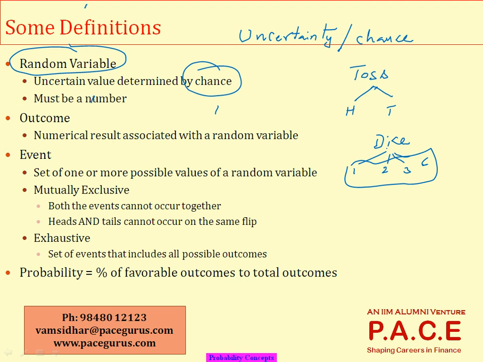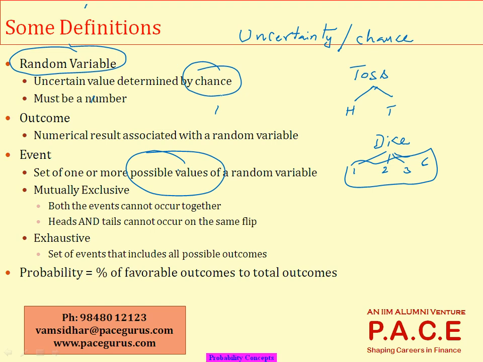So if I package one or more outcomes together, that is what I call an event. Whenever we talk about an event, it is one or more possible outcomes bundled together, or zero or more possible outcomes bundled together.